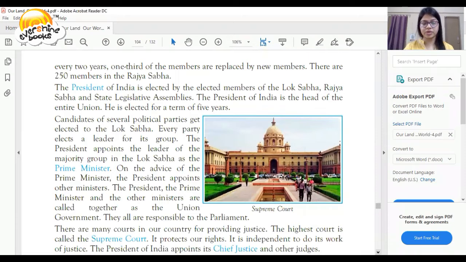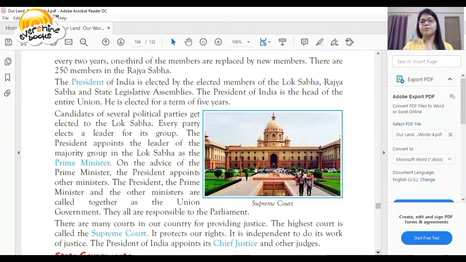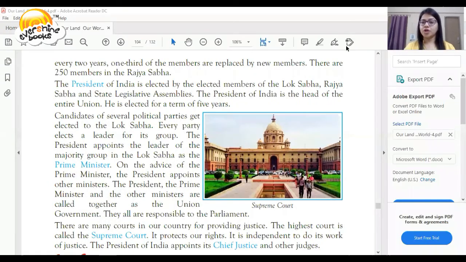So, dear student, the President and Prime Minister are very important parts of the Indian government. So, let's discuss these two. So, let's discuss the president.